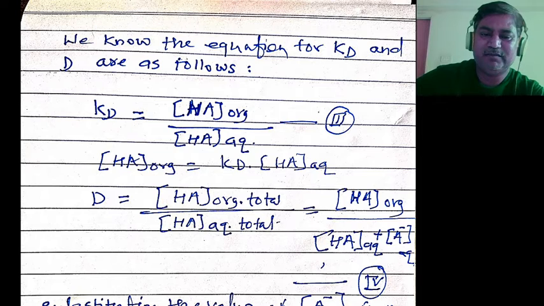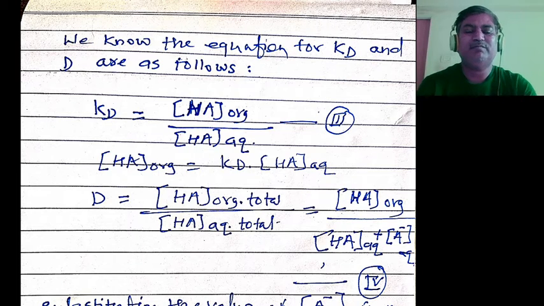Now see the term written in the denominator: in aqueous phase HA is distributed into A minus, and HA remains in aqueous phase. So this is the equation now for distribution ratio, which is denoted by number 4.